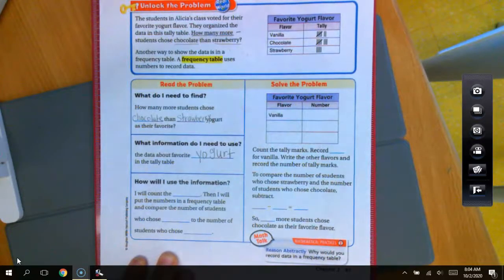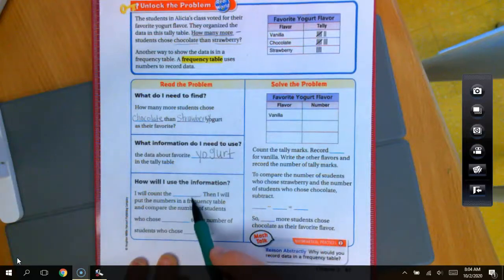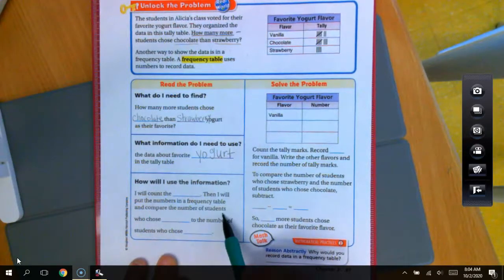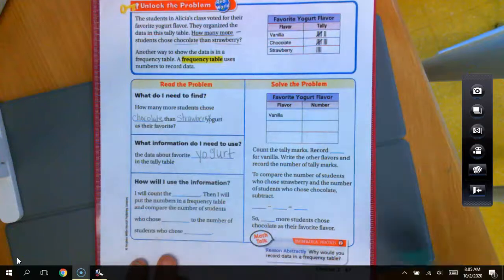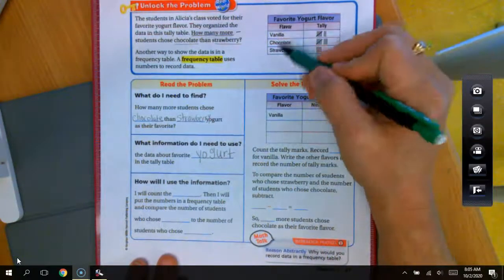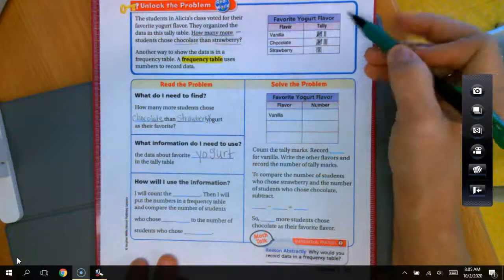And then how will I use this information? I will count the blank. Then I will put the numbers in a frequency table and compare the number of students who chose blank to the number of students who chose blank. Okay, so let's start at the beginning again. In order to make our frequency table, we first have to count our tally marks.